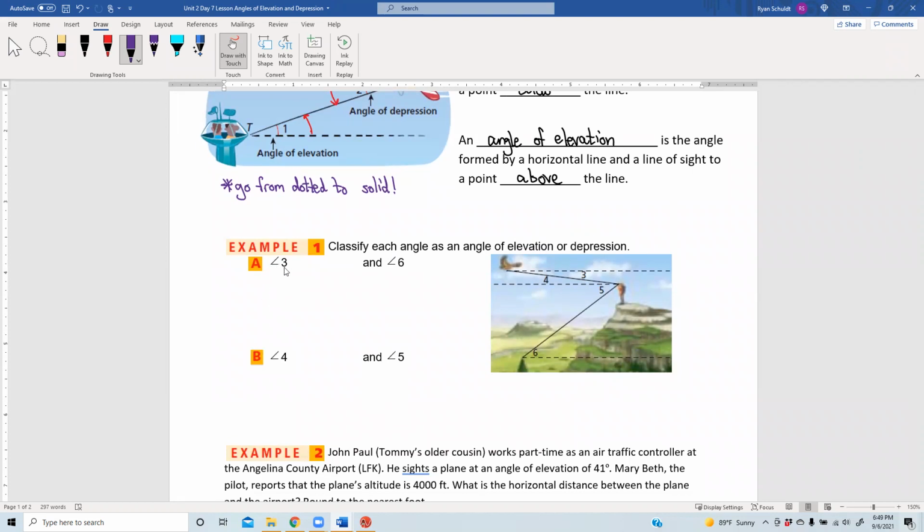So A asks us about angle 3. Here's angle 3 right here. Remember, we go from dotted to solid. For that angle, I'm going down. Which one goes down? Depression. So angle 3 is an angle of depression.